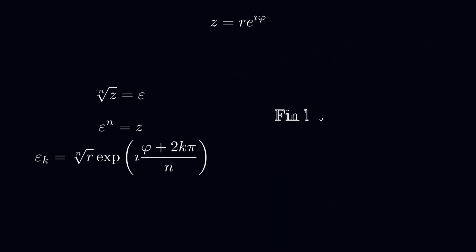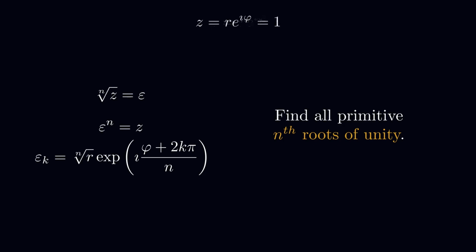Do you remember the task? Find all primitive nth roots of unity. Let's leave the word primitive for a moment. And we have nth roots of unity. And it simply means that our z is equal to 1. So what does it mean in complex numbers? We are 1 unit from the origin, so r equals 1, and the angle is 0, so phi equals 0.